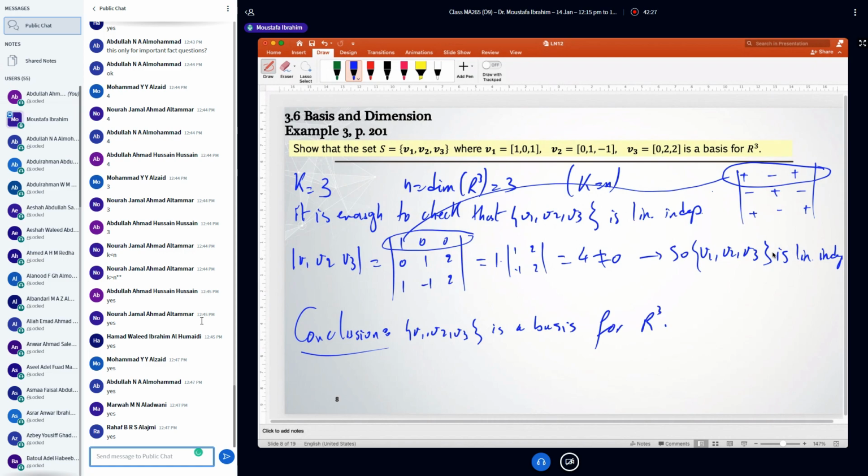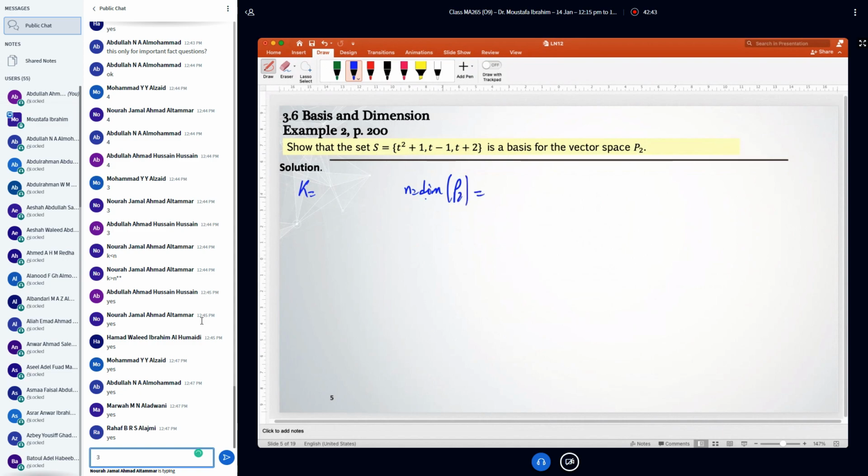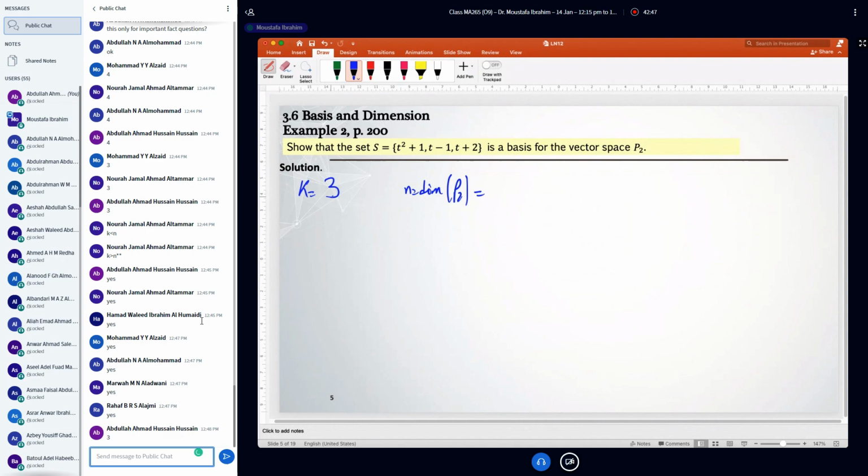Let's do, for example, this exercise. We have P1, P2, P3, is it a basis? How many polynomials do we have? Look, we have 1, 2, 3. And the dimension of P2, how much?